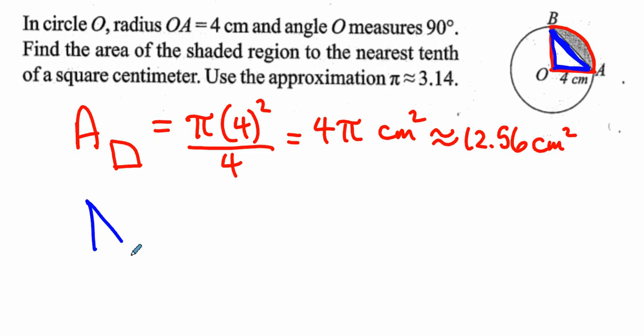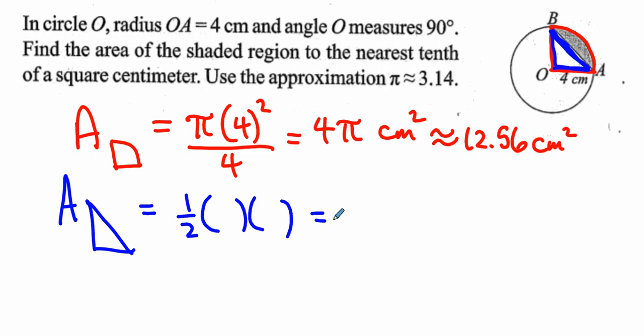Well then, what's the area of the triangle? The area of the triangle is 1/2 base times height. Well, what's the base? What's the height? That's also a radius. If this is a radius, this is a radius. That's 4 and 4, so the area is 8.